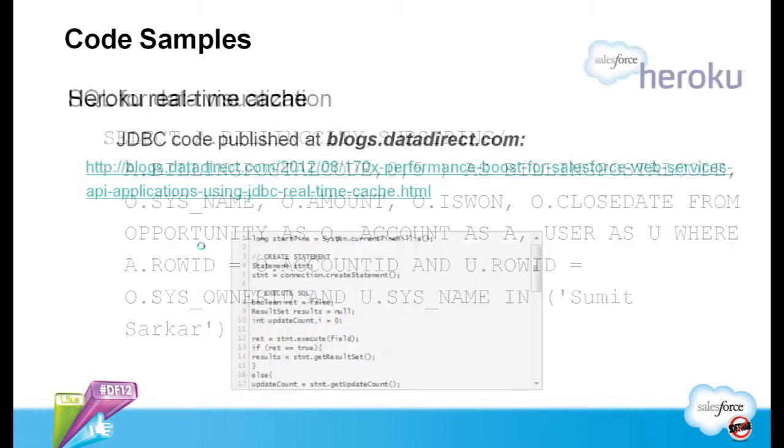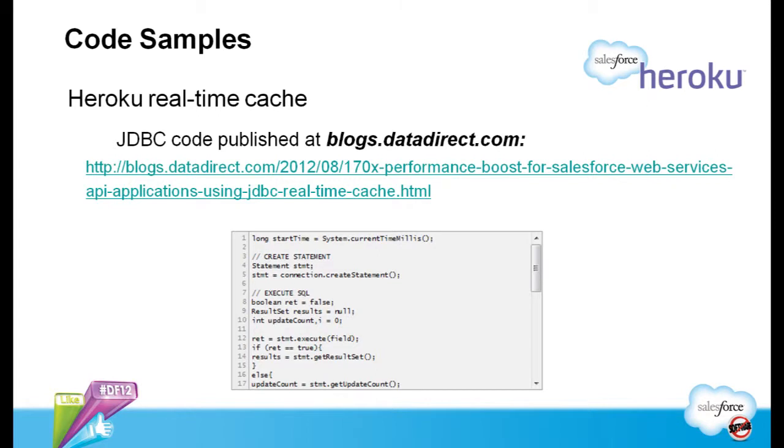And in Heroku, I have all the code out on my blog, and it shows exactly what we're measuring, the SQL and JDBC calls being made and when the start and stop are. I also included some of the code to generate the data in Salesforce, and it's all done in Java and JDBC drivers.